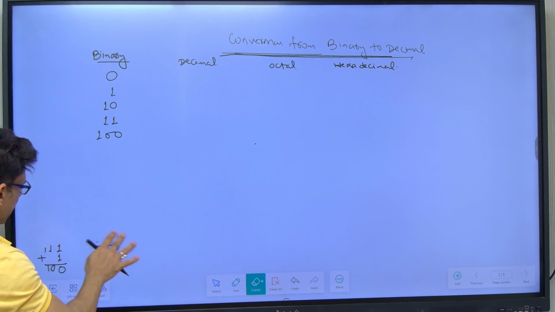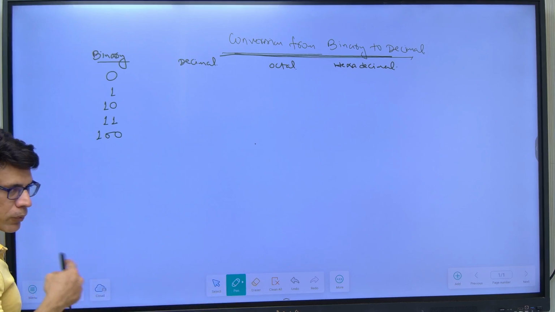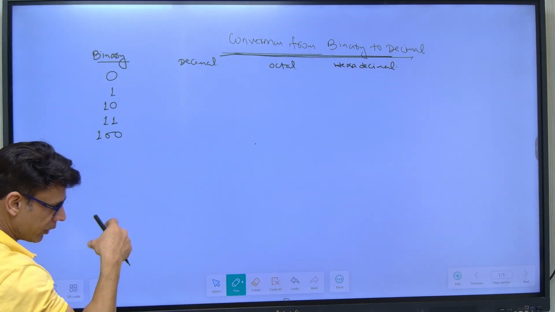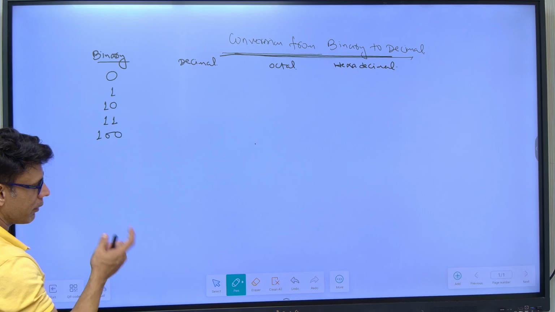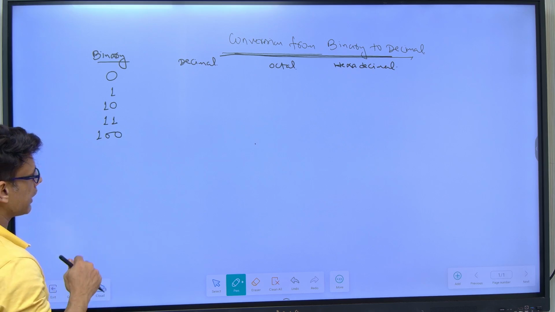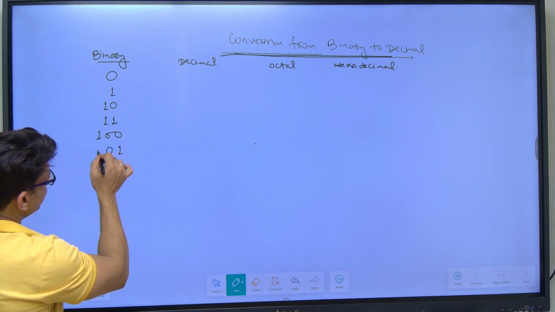Now you keep on adding 1 to it. Every time wherever you find 1 plus 1 is equal to 2 in binary, the moment your mouth says 1 plus 1 is 2, it means you have to write 0 and 1 carry forward. Now 0 plus 1 is 1, no carry forward, so 101.